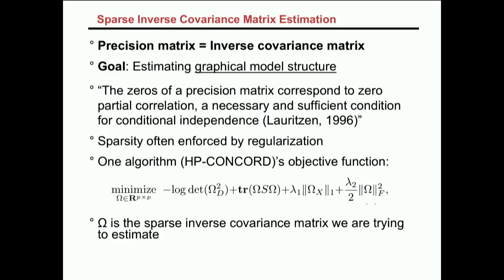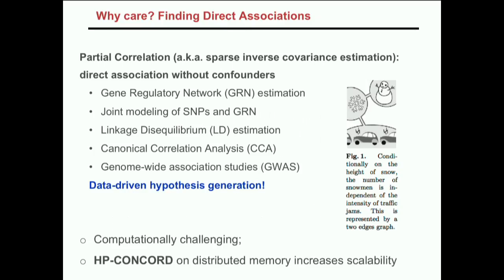And here's a picture I found in an obscure paper, which I like, the snowman thing, okay? If you're just looking and asking, is the number of snowmen correlated with the amount of traffic? Well, yeah, but it's only globally connected. Why? Because of snow. Whenever there's snow, both the traffic increases and the number of snowmen increases.